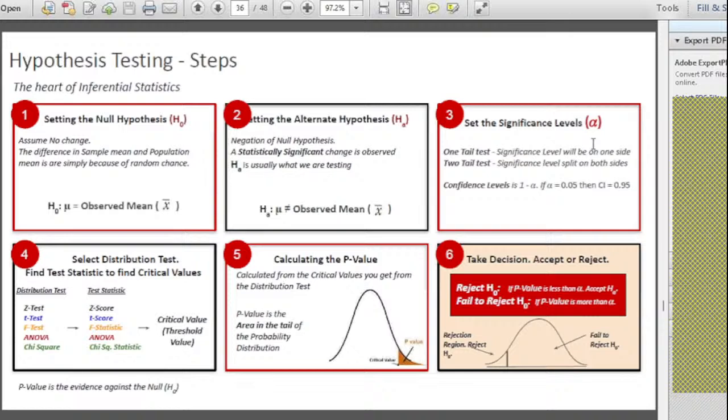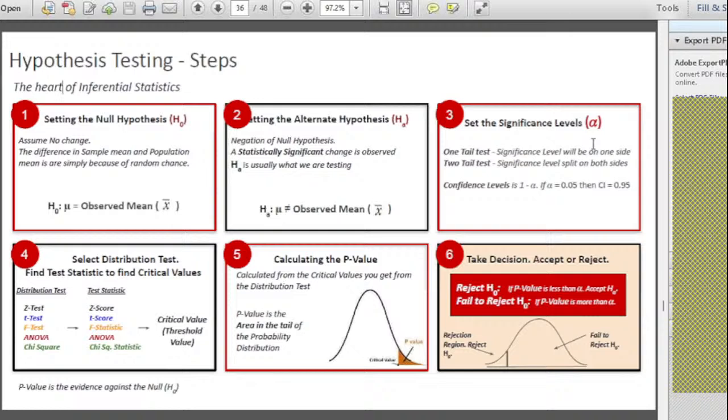After that we will go to R, once we understand the entire process of taking a decision, and construct and do the different types of hypothesis testing.